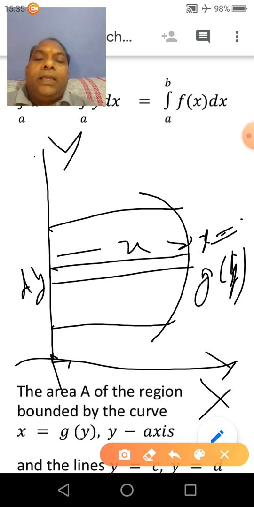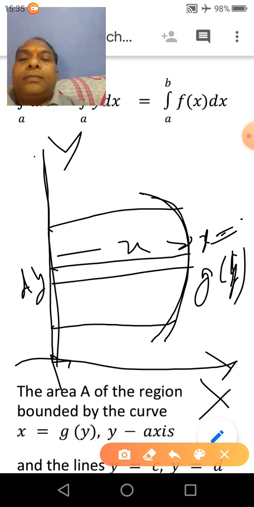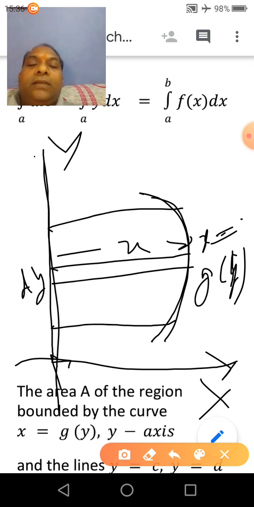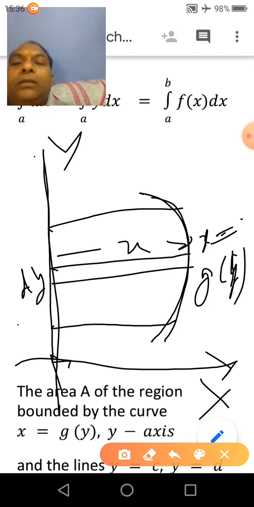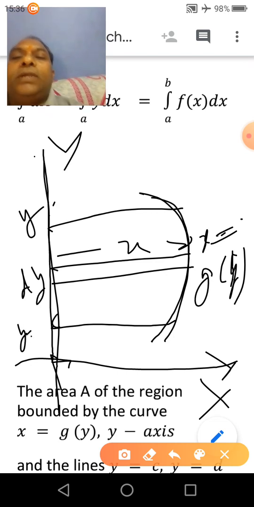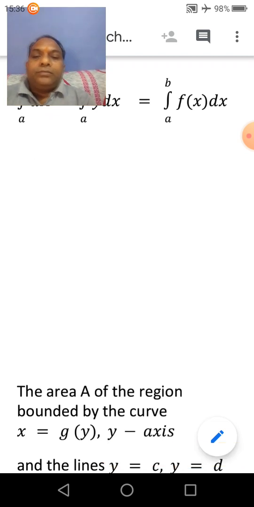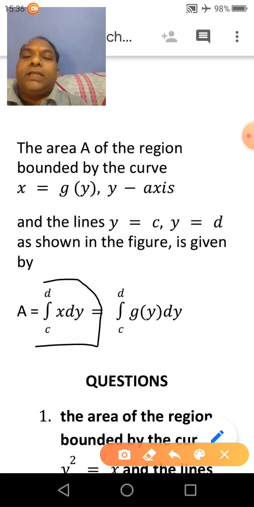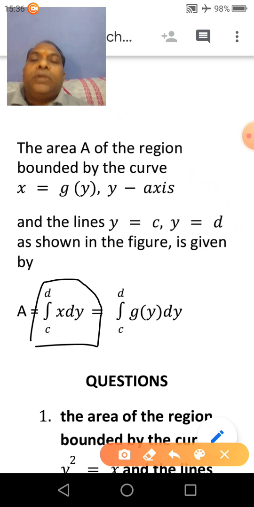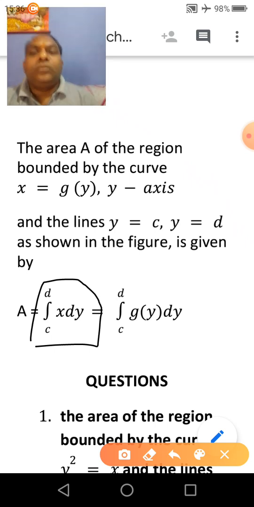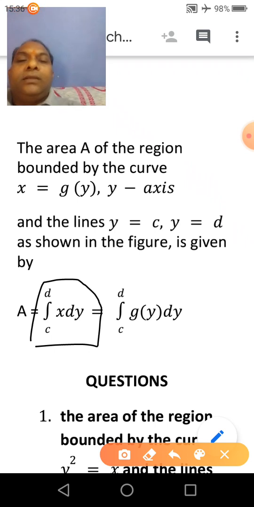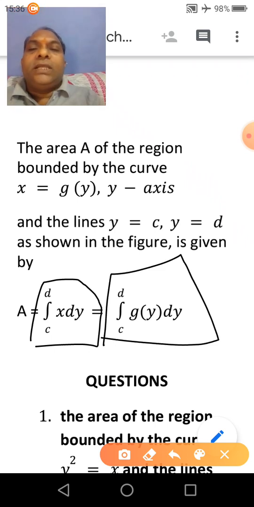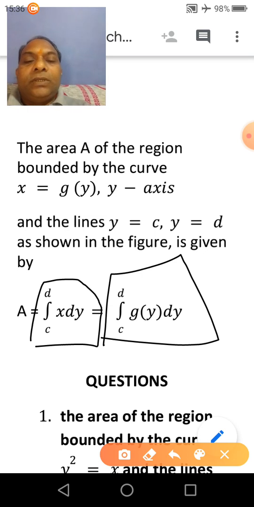So the area A of the region bounded by the curve x is equal to g(y), y-axis, and the lines y is equal to c and y is equal to d will be equal to integration c to d x dy, because x is equal to g(y), so integration c to d g(y) dy. Clear? You can find the area.